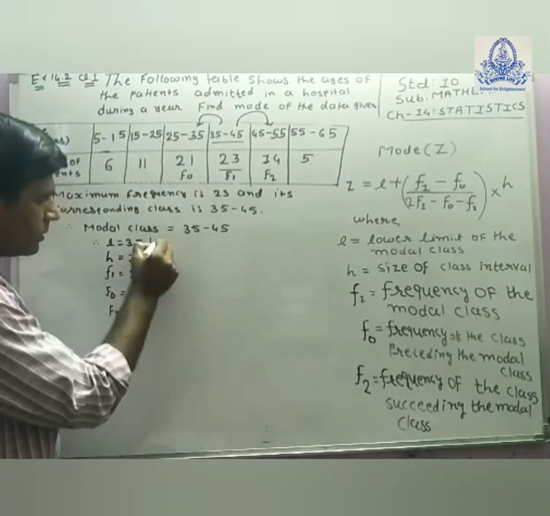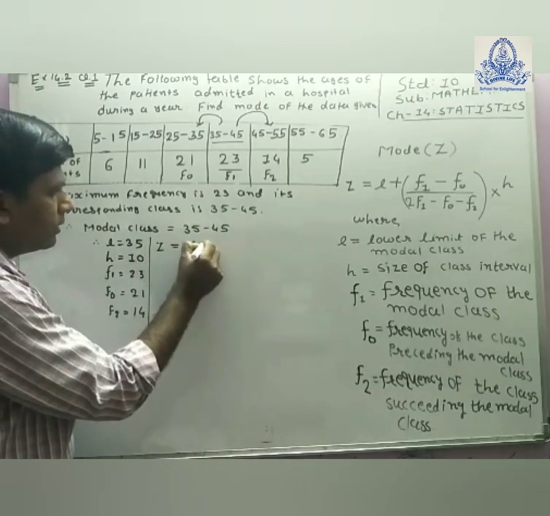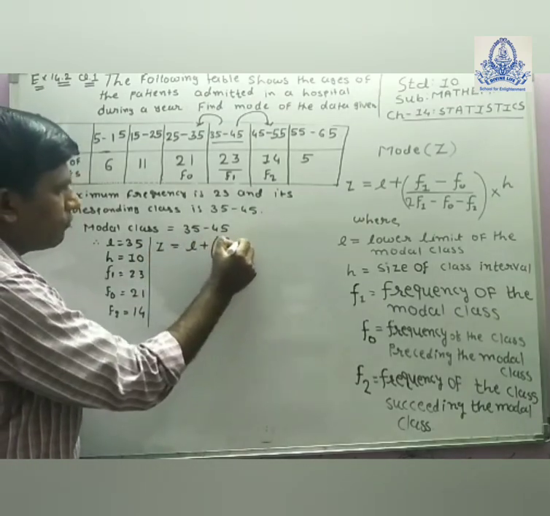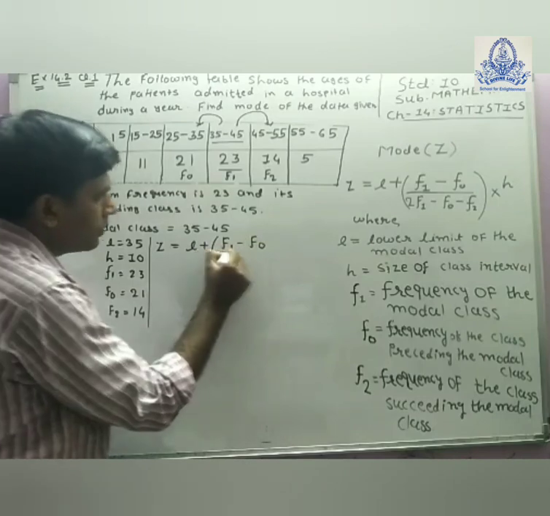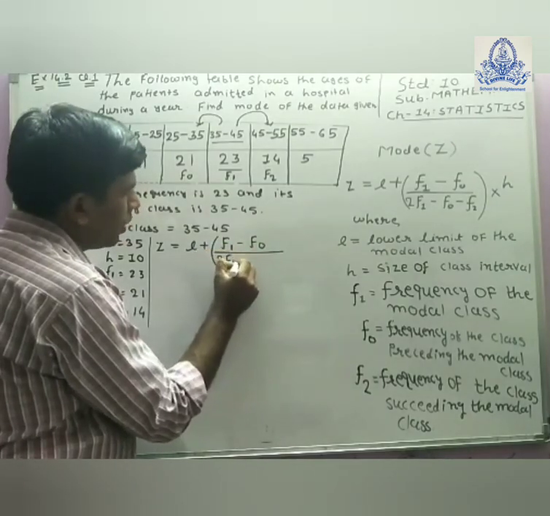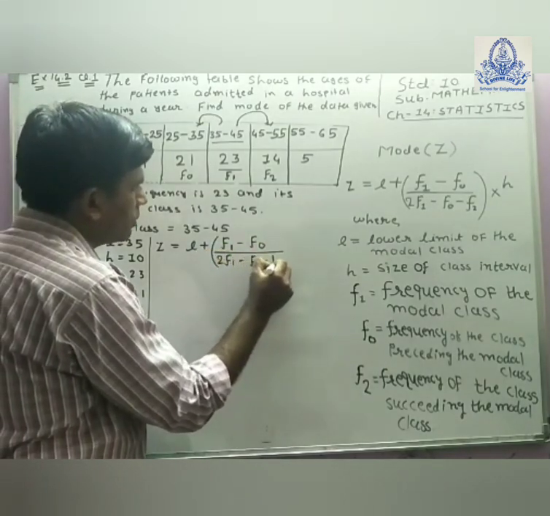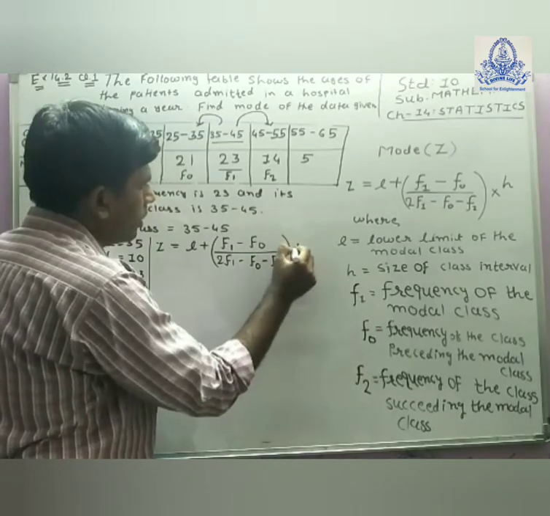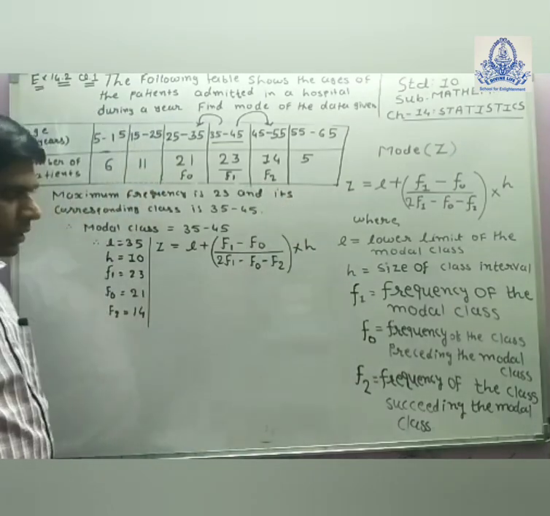So our formula is Z = L + ((F1 - F0) / (2F1 - F0 - F2)) × H. Now put the values.